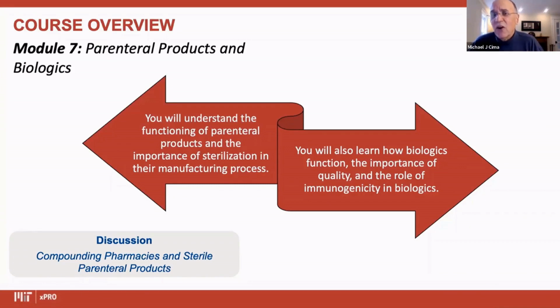And they get a very special look that I think is very interesting to compare with the others, in the sense that a biologic, a humanized protein, can't be defined as a composition of matter. It's folded in the right way. It's glycosylated in the right way.